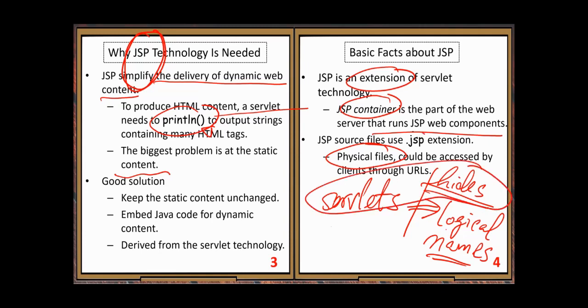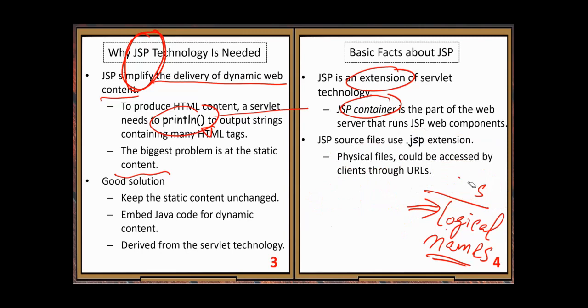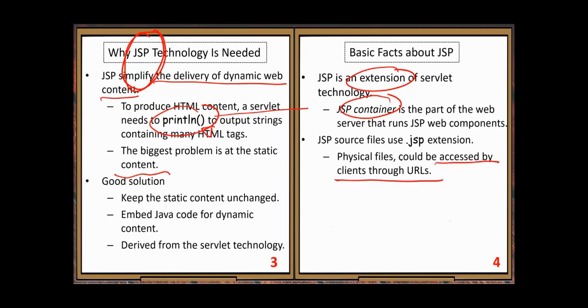But the JSP physical files are not hidden from the users. The users can access the physical files directly. So how does a user access a JSP physical file? Through a URL. You type HTTP, the domain name, the web application name, and some path.